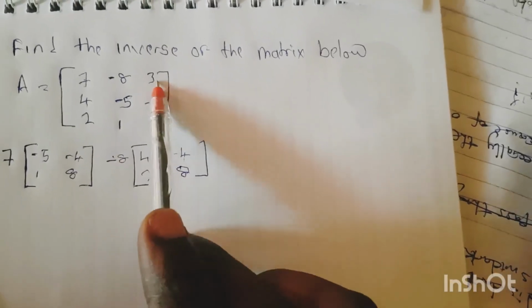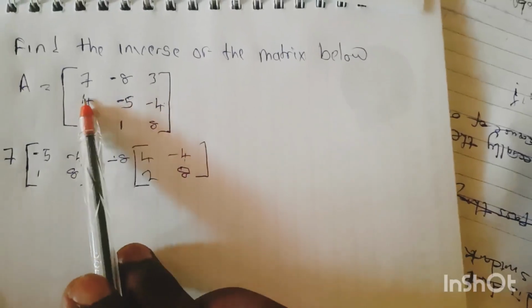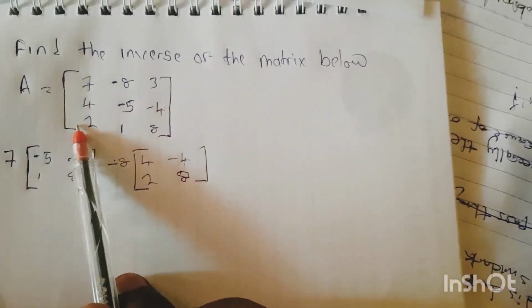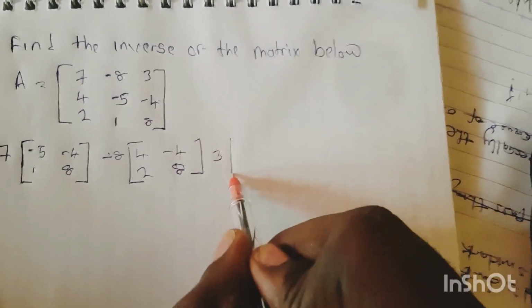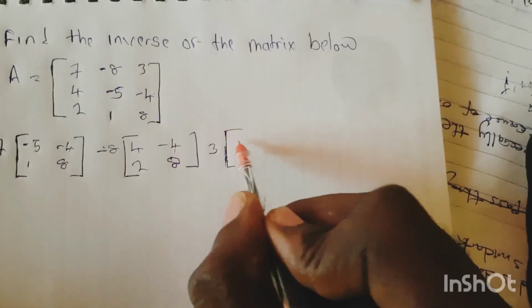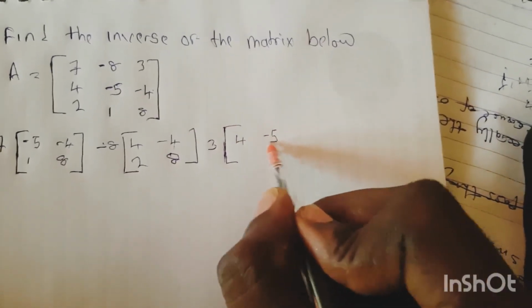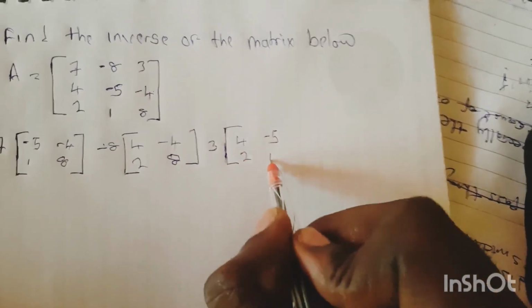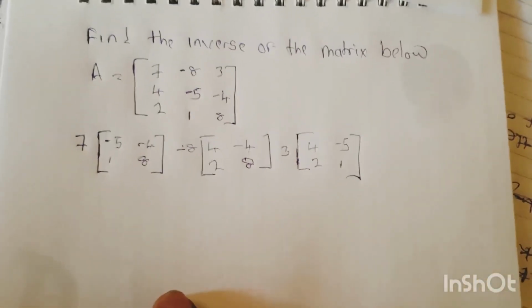Now we'll come to this side, strike here, strike here. So we are going to have 4, -5, 2 and 1. So 3 is going to be here, with 4, -5, 2 and 1.